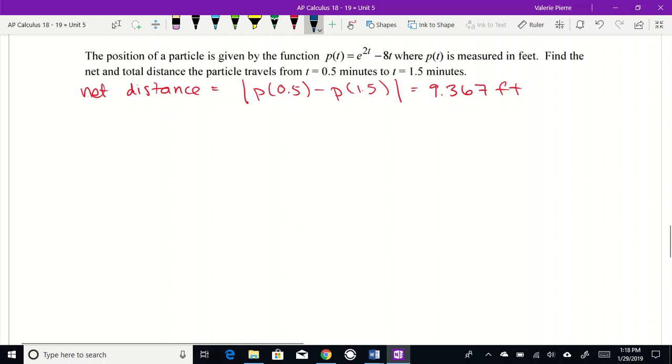Now our total distance, we want to find when p prime of t equals 0 and changes direction.